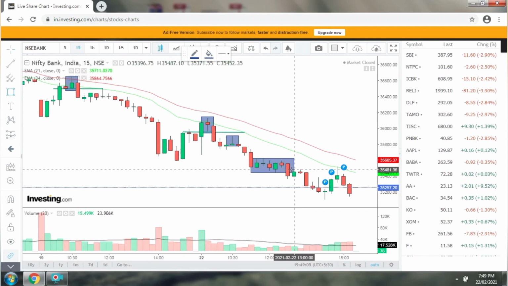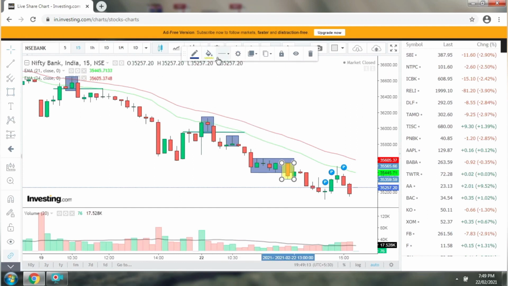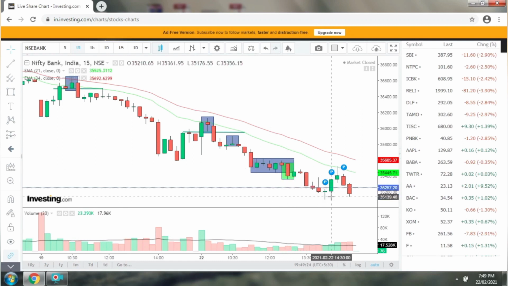As you can see, after a good range formation for about 1 hour, it has again given the breakdown, which is obvious because the major trend was downtrend, and whenever there is a range formation, mostly price goes in favor of the major trend.